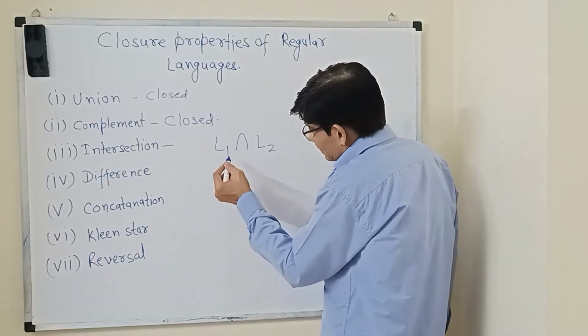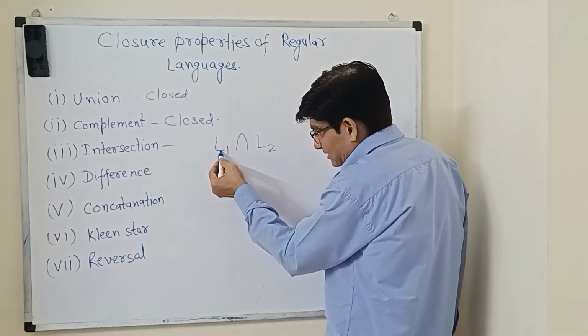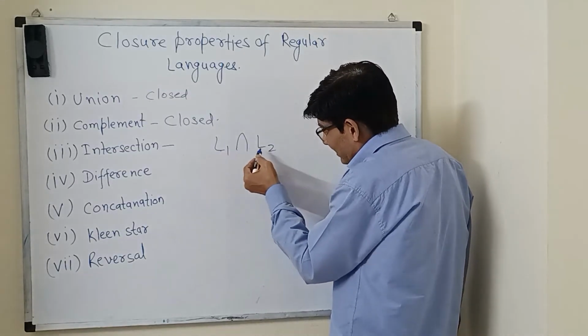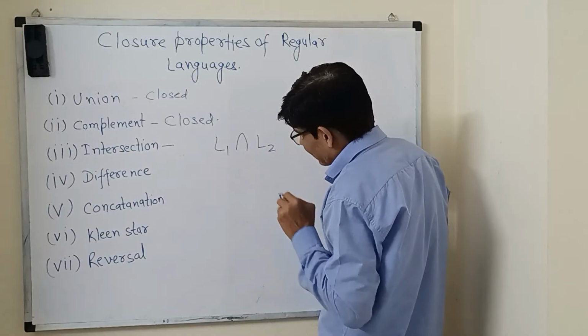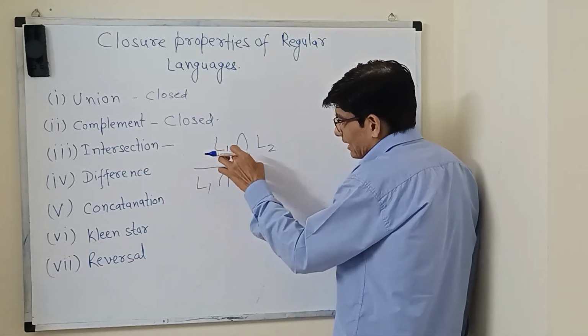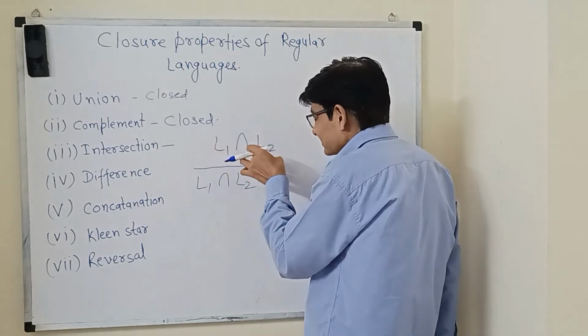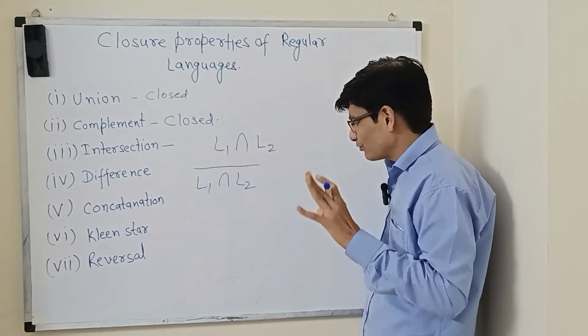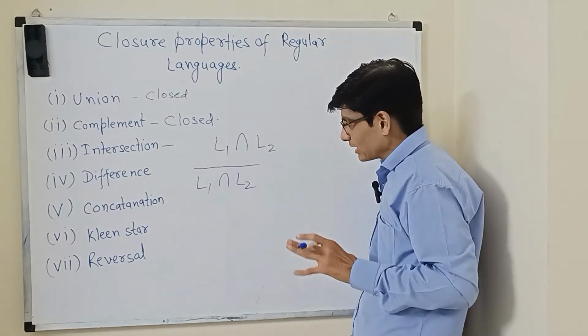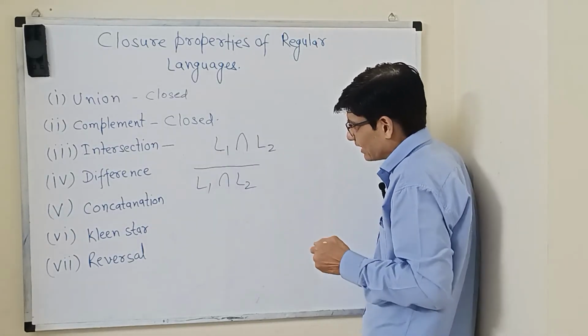We have been given L1 and L2 as already regular languages. Then we are considering that the intersection of two regular languages is again a regular language.